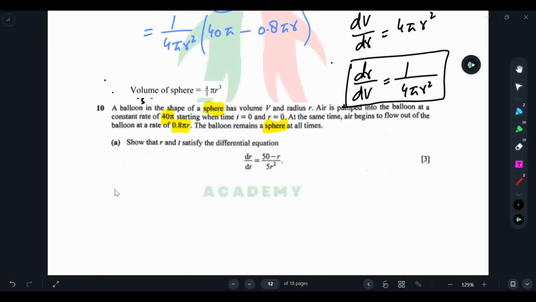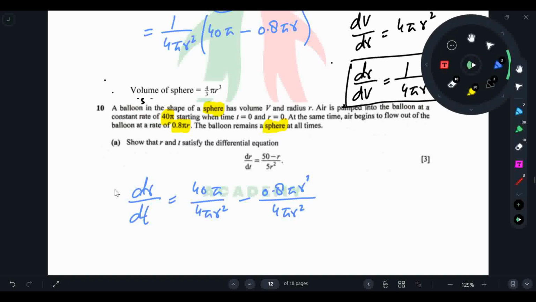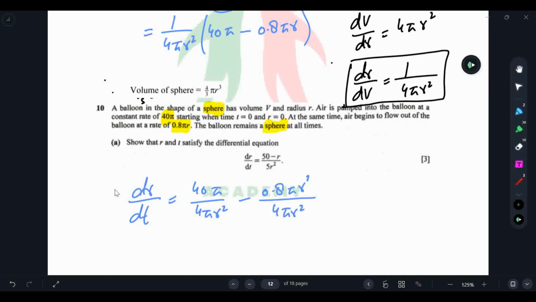Now if we write it, dr by dt will be equal to 40 pi divided by 4 pi r square minus 0.8 pi r divided by 4 pi r square. I have simply multiplied 1 by 4 pi r square with both the terms.